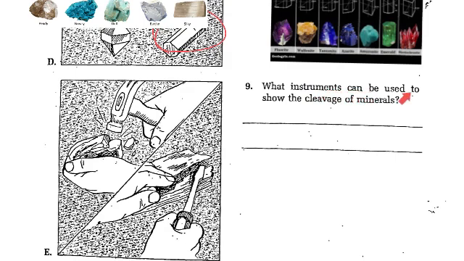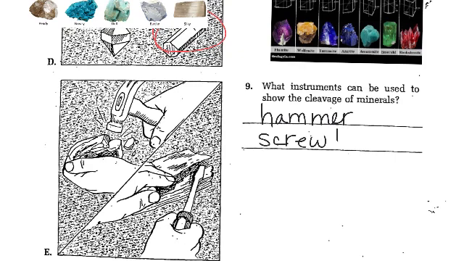What instruments can be used to show the cleavage of minerals? Now remember, cleavage is all about how it breaks and the direction that it breaks. So here they're using a hammer and even a screwdriver to use as a lever or as a wedge.